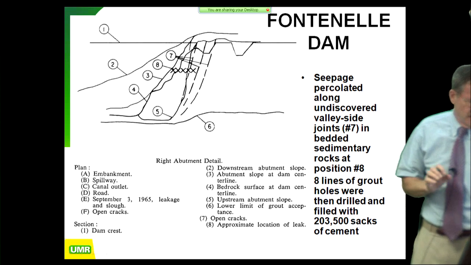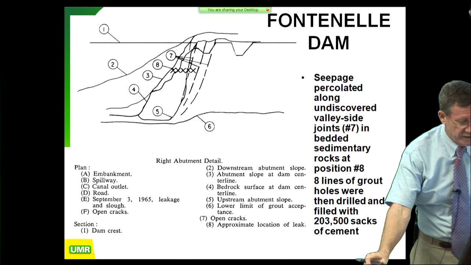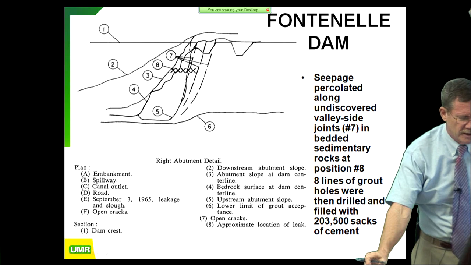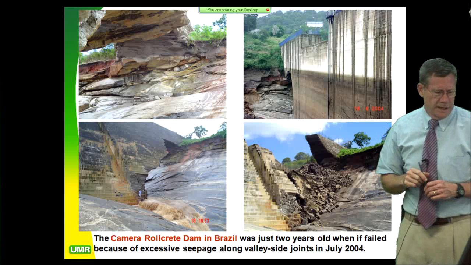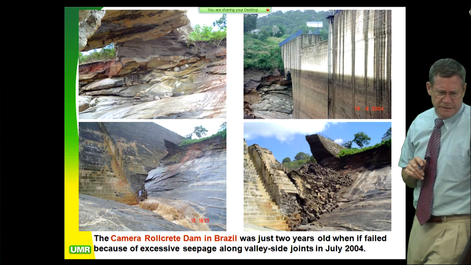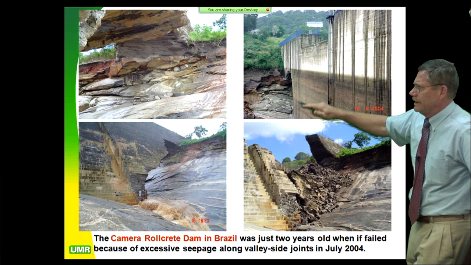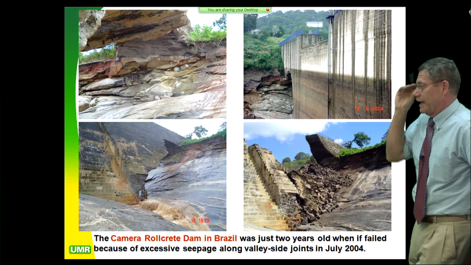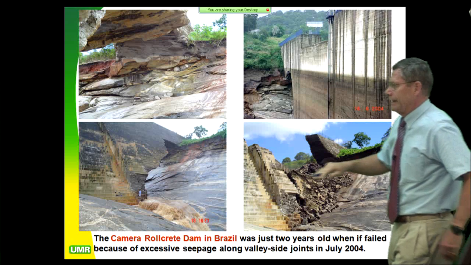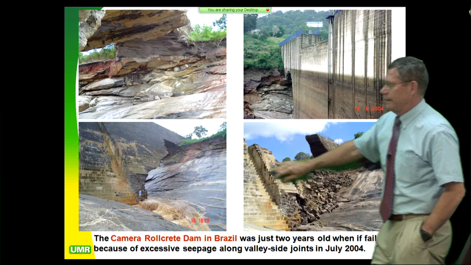But that was a very near catastrophe on a major river, the Green River being the major arm of the Colorado River system. This is the Camara Roll Creek Dam in Brazil, which failed in July 2004 on its first initial filling, made out of rollcrete, which is the best material we have out there right now. And again, these are valley side joints that it failed on.